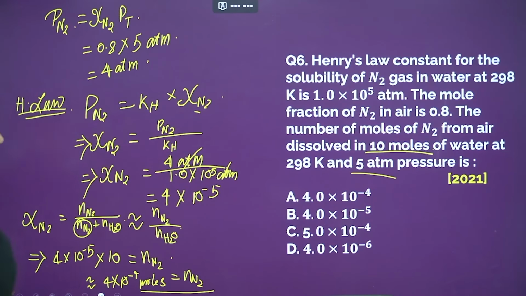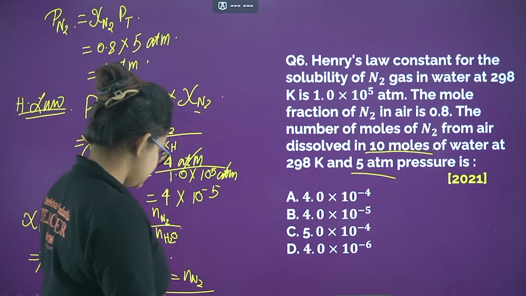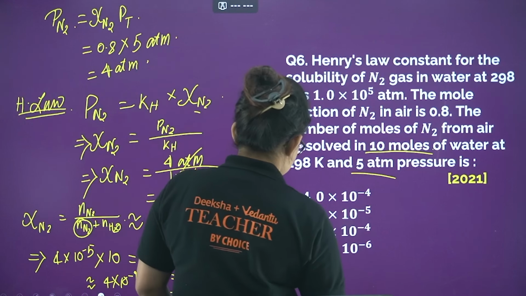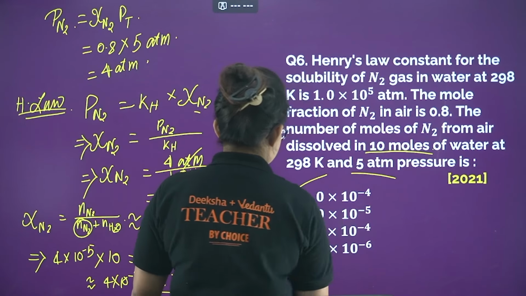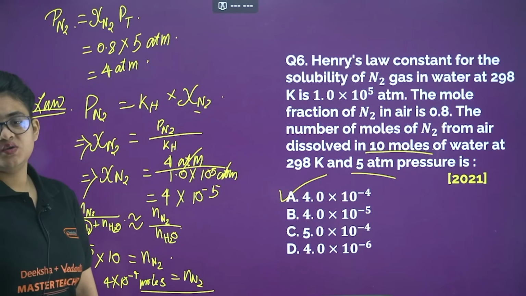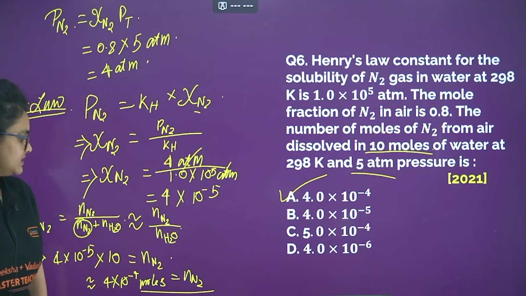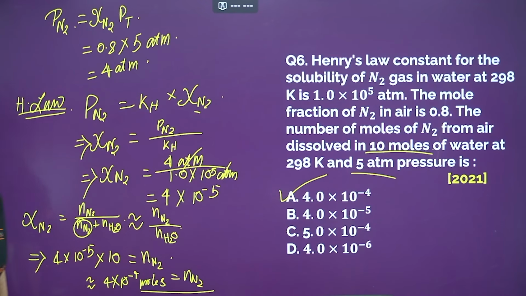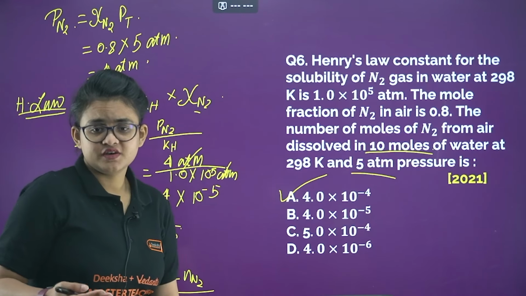So the answer is 10 power minus 4, option A. I guess you understood this concept. Pause your screen and make a note of it. I guess you are done. Let's proceed to the next one.